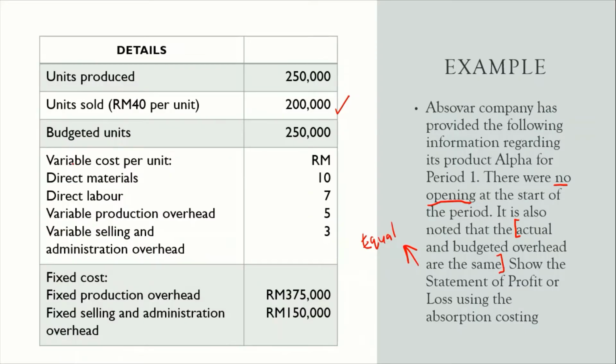For the VC, you have direct material, direct labor, and variable overhead. You include everything. This would be your VC per unit, so you have to times it with the units produced.